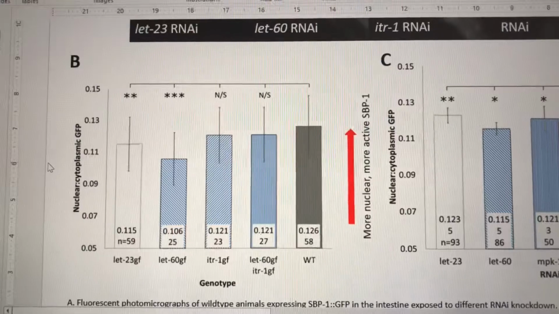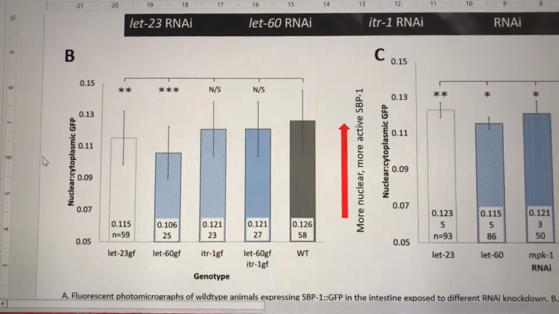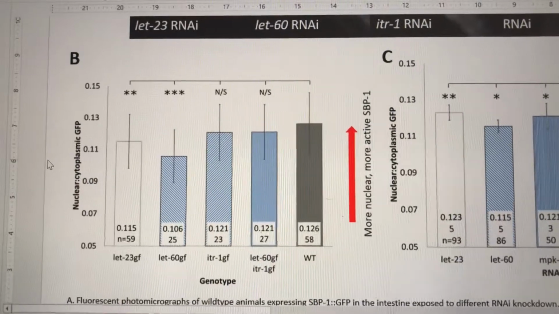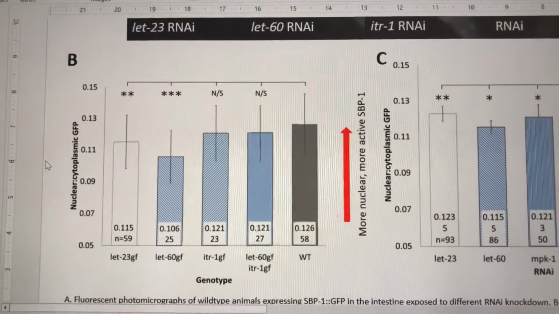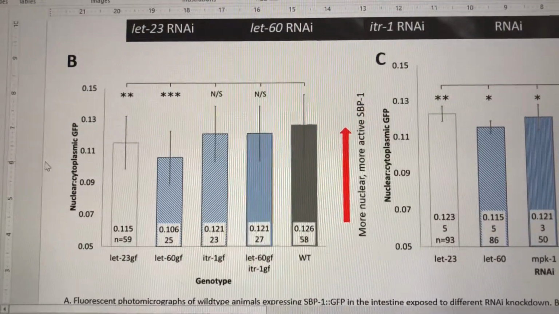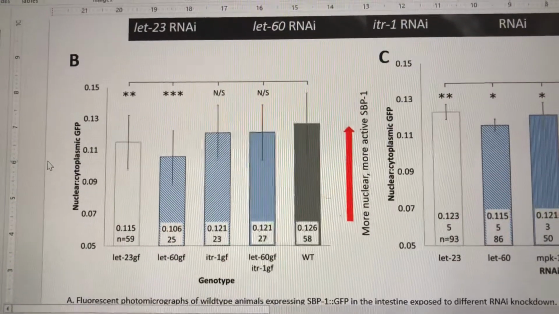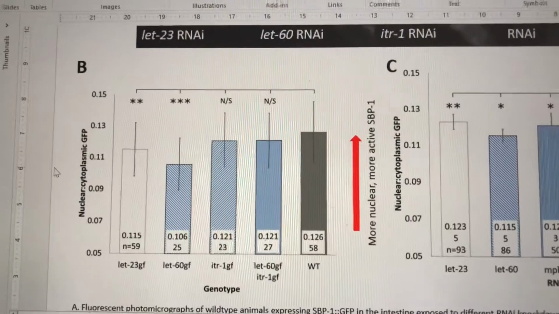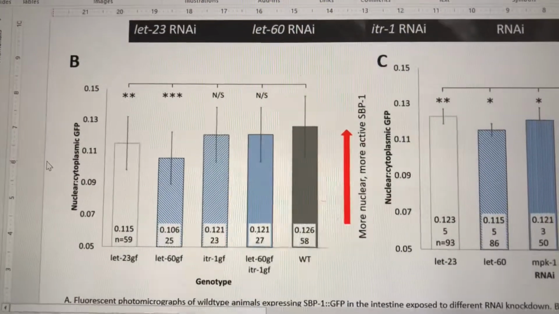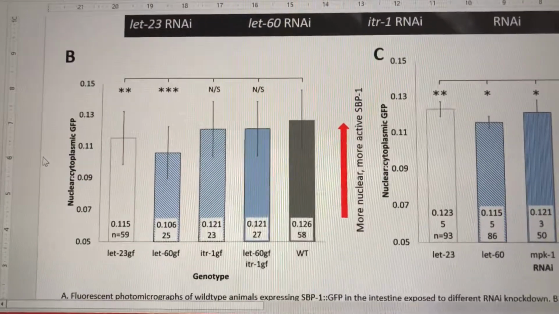And if you look at ITR1, the other pathway, you don't see any difference. So that tells us that not only does the effect on lipid synthesis go through LET-60 RAS, but also at the bottom of that LET-60 RAS pathway, there's an effect on SBP1. We're not quite sure how that's linked.